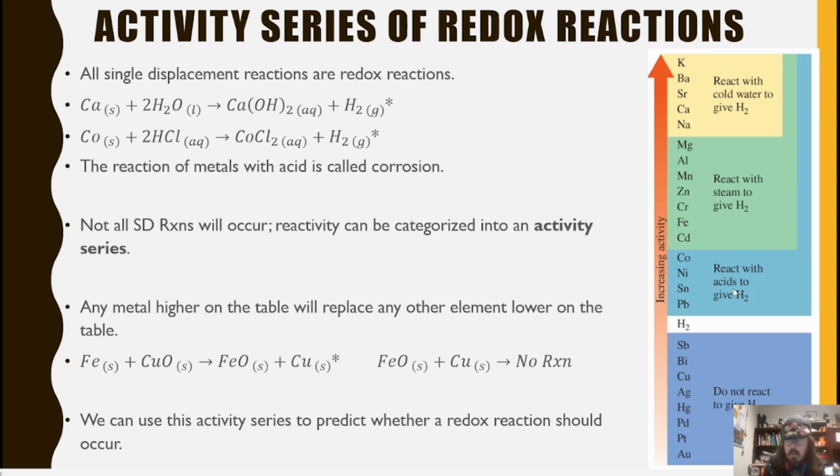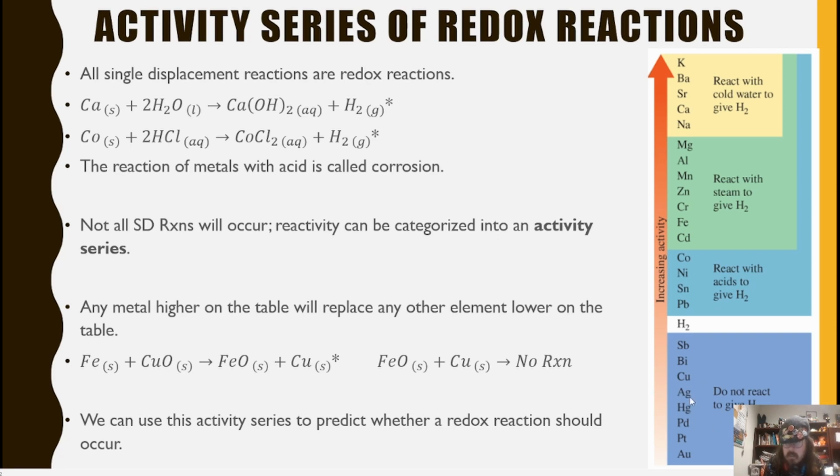These guys won't react with water at all, but in the presence of a strong enough acid, they will form hydrogen gas. And the last set, notice it's hydrogen, there's hydrogen where the defining line is. This last set do not react at all to give hydrogen gas. They will not be able to replace hydrogen because they are below hydrogen.